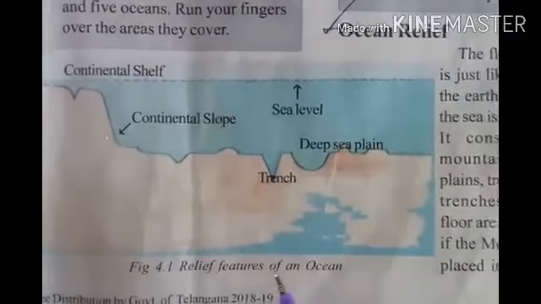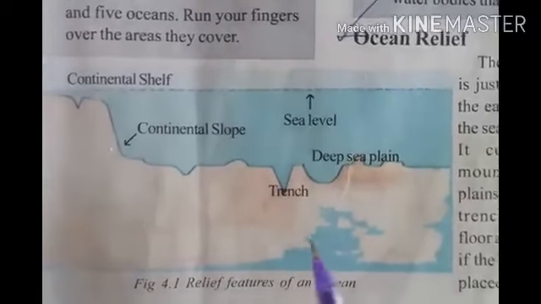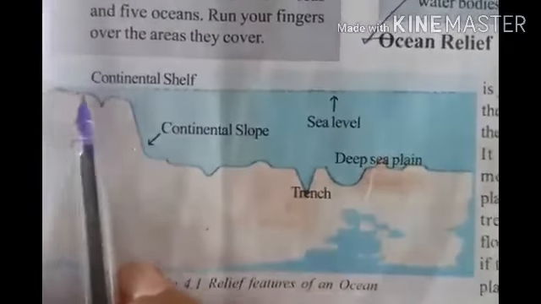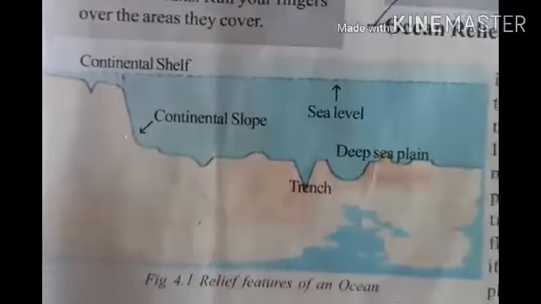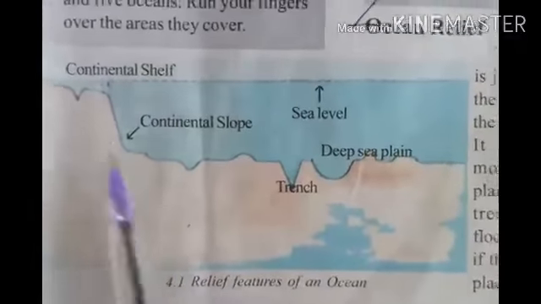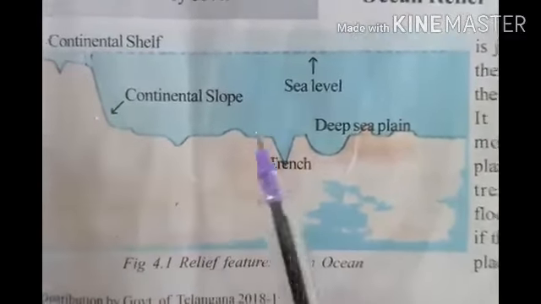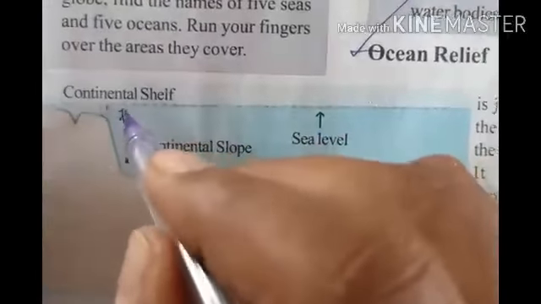This continental shelf slopes down to a depth of about 130 meters. And the average width of this continental shelf goes to 75 kilometers.